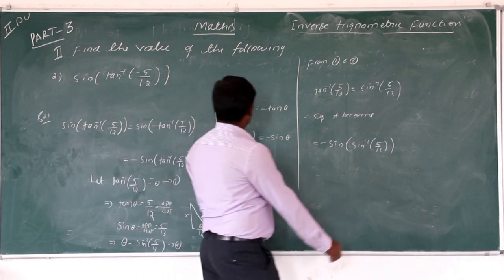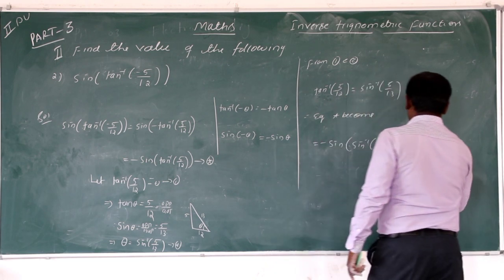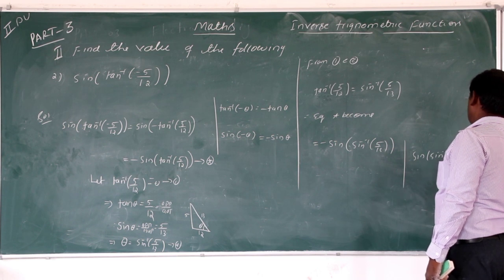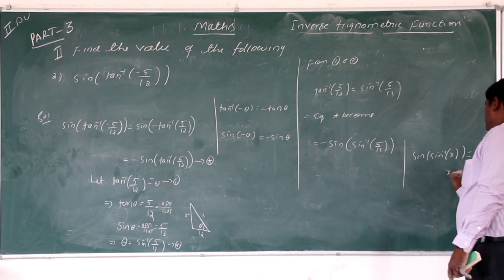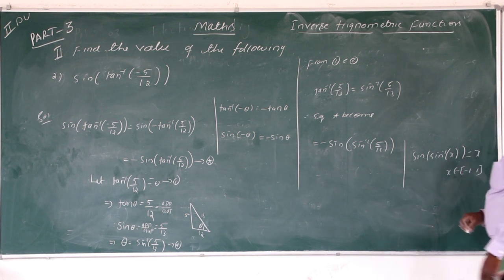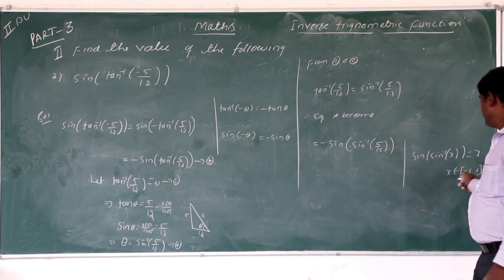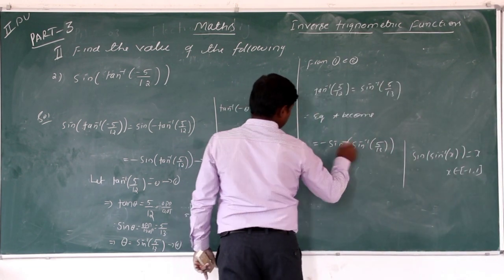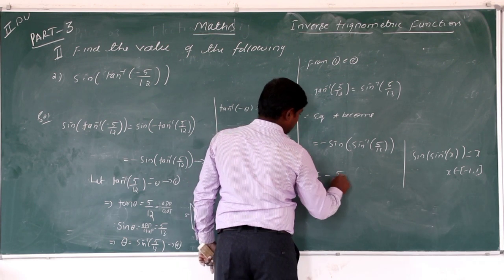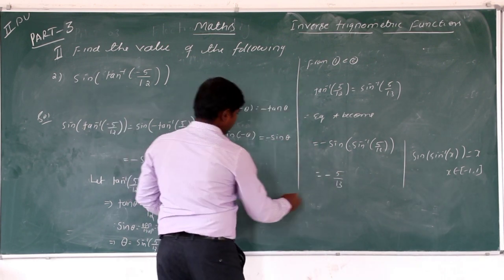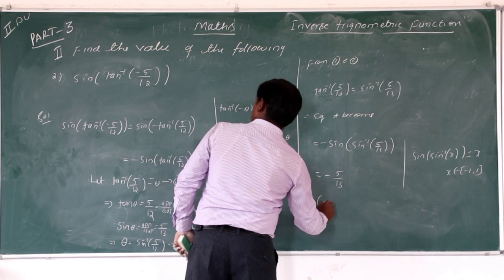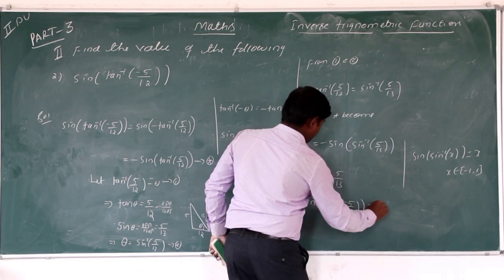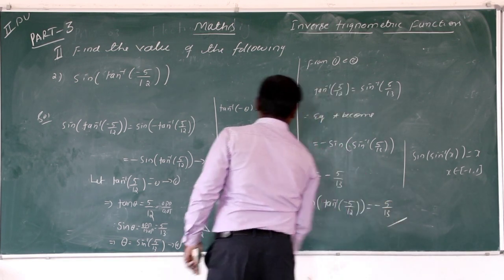Observe here, by the property, sine of sine inverse of x is equal to x if x lies between minus 1 and plus 1. 5 by 13 lies between minus 1 and plus 1. So its value is minus 5 by 13. Therefore sine of tan inverse of minus 5 by 12 is equal to minus 5 by 13. Okay, so write this down.